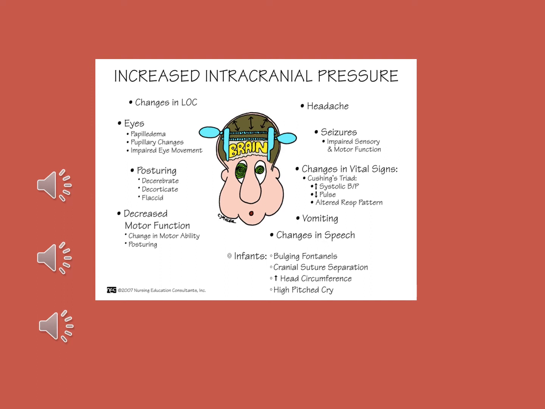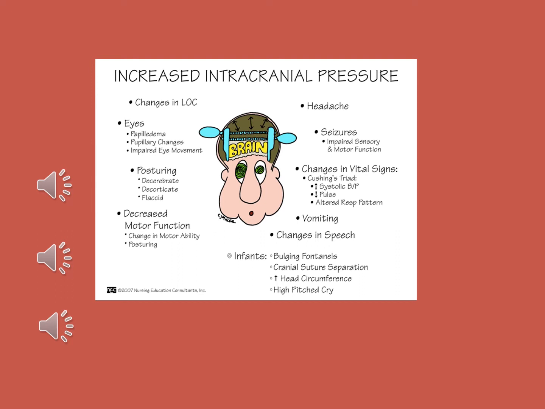So again, we can get increased ICP because of an increase in CSF volume, blood that's entering the CSF fluid, cerebral edema from a head trauma, infection like meningitis or encephalitis, a brain tumor, something that's taking up space in there, and of course development of hydrocephalus, which is too much CSF fluid on the brain as well.